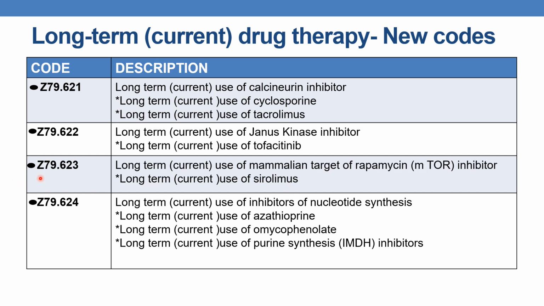Then also you can code Z79.623. The next is Z79.624, long-term use of inhibitors of nucleotide synthesis. Whenever the physician documents long-term use of azathioprine or mycophenolate or purine synthesis inhibitors, IMDH, the code is Z79.624.